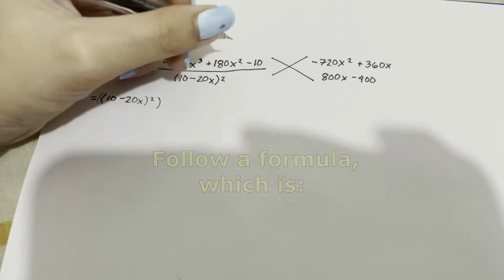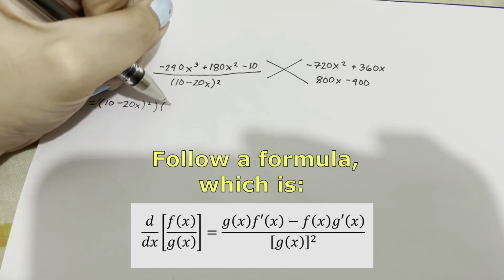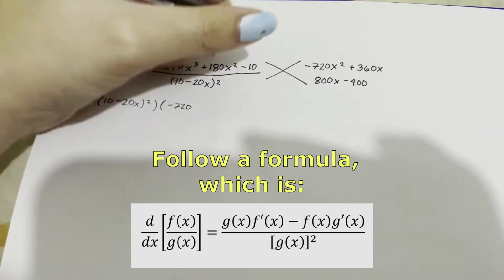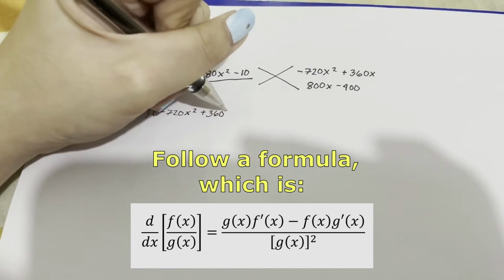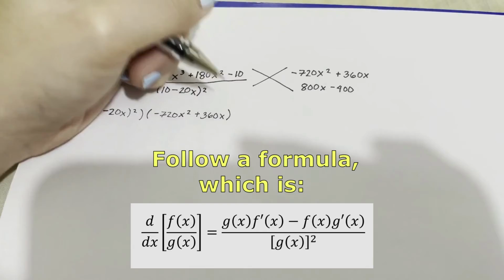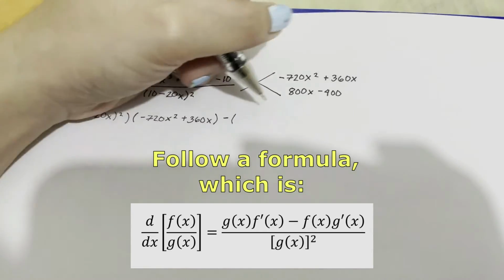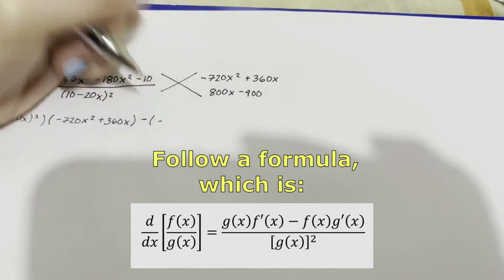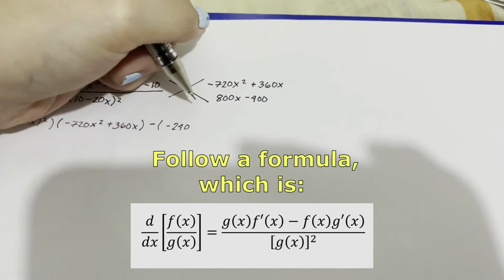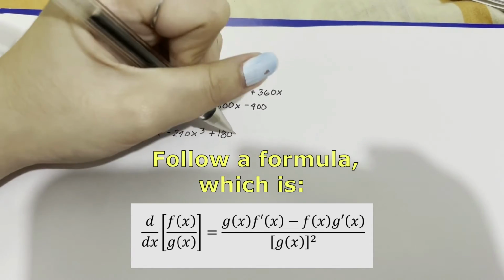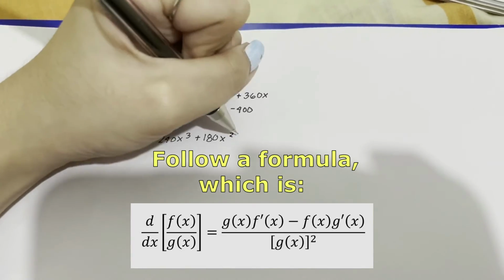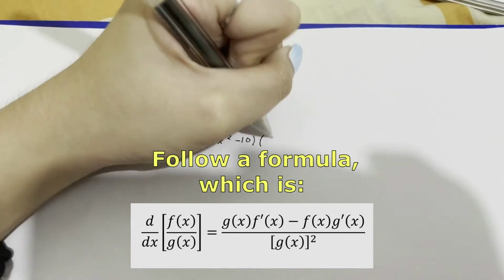The formula that we followed here is the low d high minus high d low over low squared. So we should multiply (10 minus 20x) squared times (negative 720x squared plus 360x) minus (negative 240x cubed plus 180x squared minus 10) times (800x minus 400).